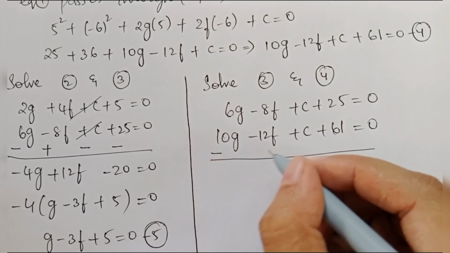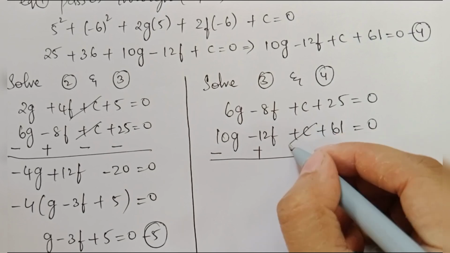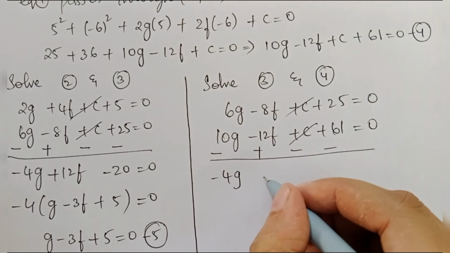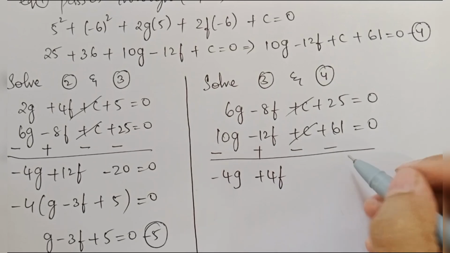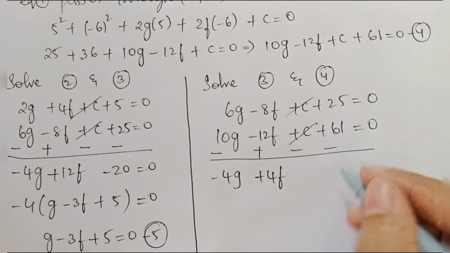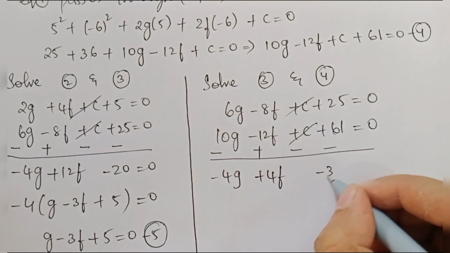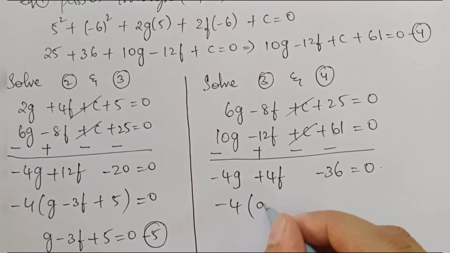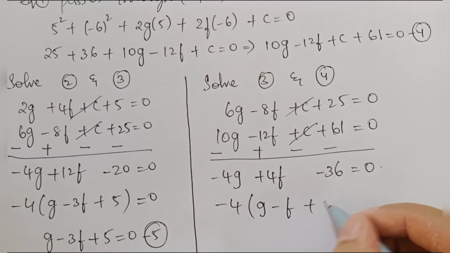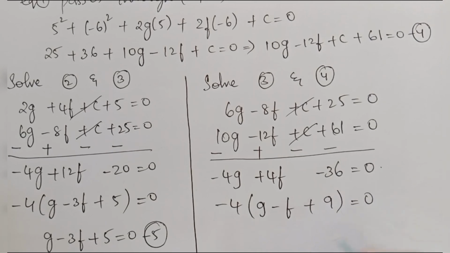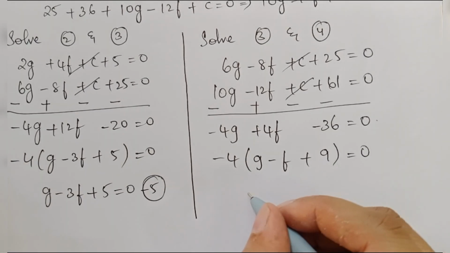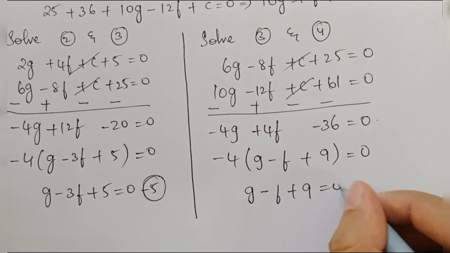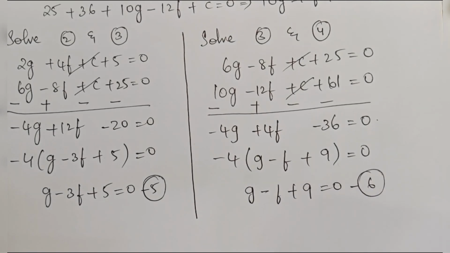Subtracting, so changing the signs, cancelling the c term, we will get minus 4g, and here it is plus 4f, 61 minus 25 will be minus 36 equals to 0. Taking minus 4 common, it is g minus f plus 9 equals to 0. This is equation 6.